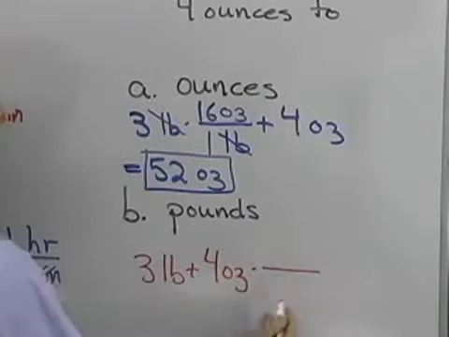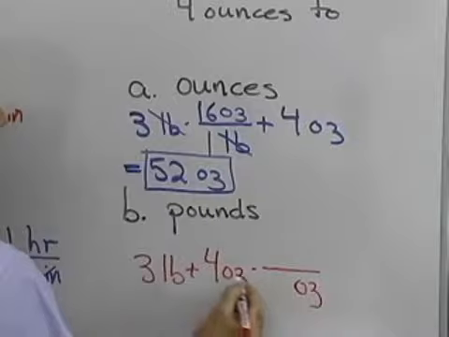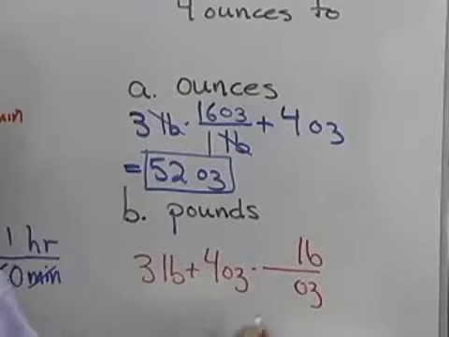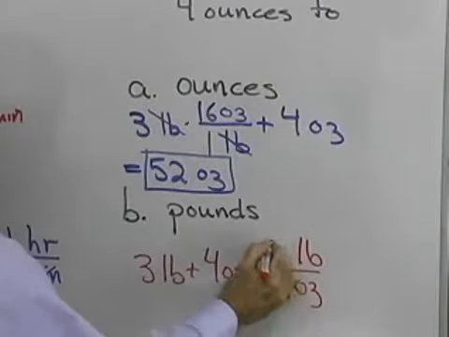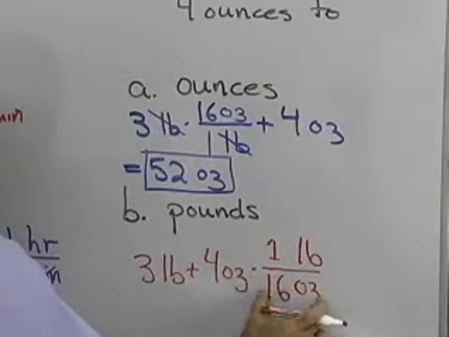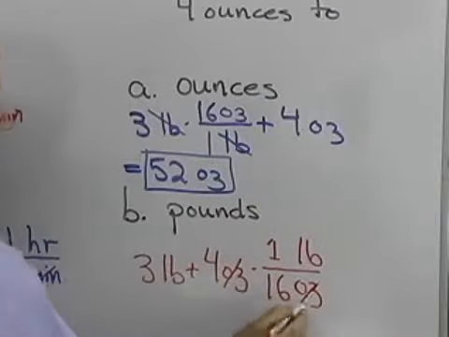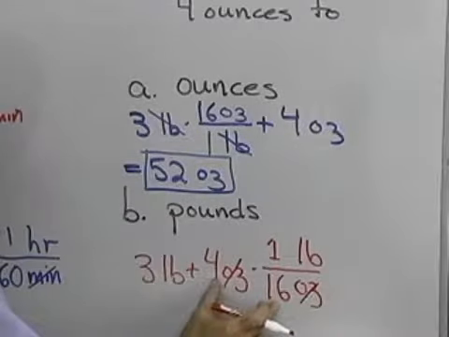Well, again, I'm going to multiply by a conversion factor that's going to have ounces in the denominator, so those divide out, and pounds in the numerator, so I end up with pounds. Again, it's got to be the number 1, so I know 16 ounces is the same as 1 pound. The numerator and denominator are the same, so this is the number 1. My ounces divide out. 4 times 1 is 4, divided by 16, that's going to be 1/4.